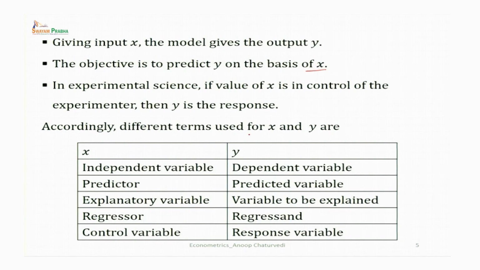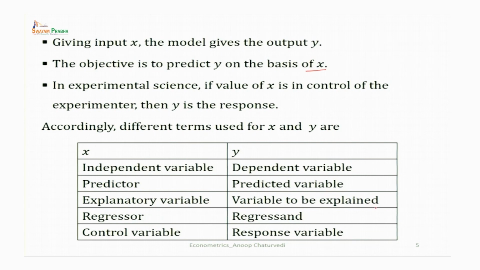So, accordingly different terms used for x and y are as follows. If x is your independent variable, then y is your dependent variable, or x is your predictor, then y is the predicted variable. We are predicting y using the predictor variable x. Then x is the explanatory variable, then y is the variable to be explained by the model.